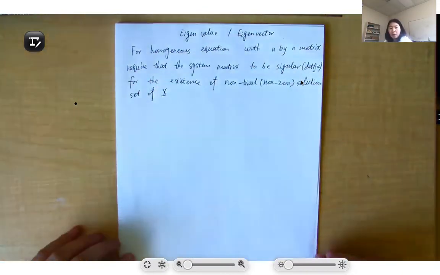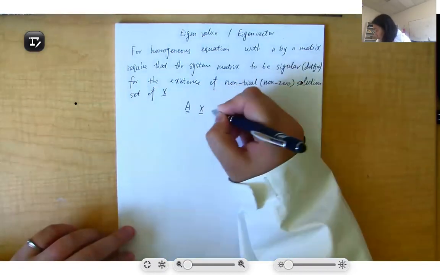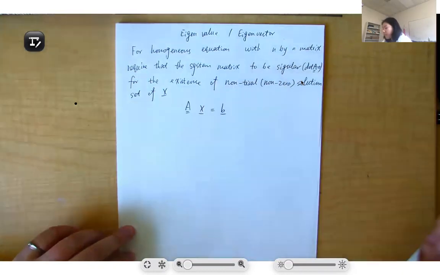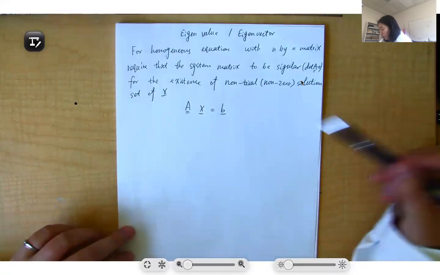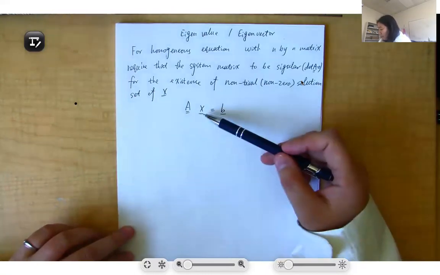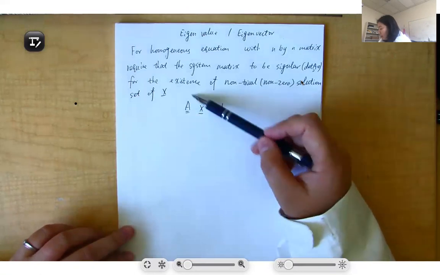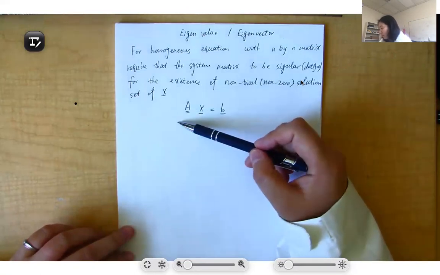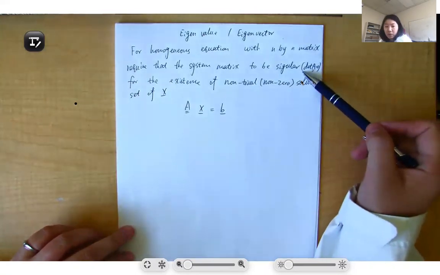Okay, so for a homogeneous system, you can say Ax equals B. In order for x to have non-trivial solutions, we have to have this A part be singular, which means the determinant of A is 0 and the rank of A will be smaller than n.